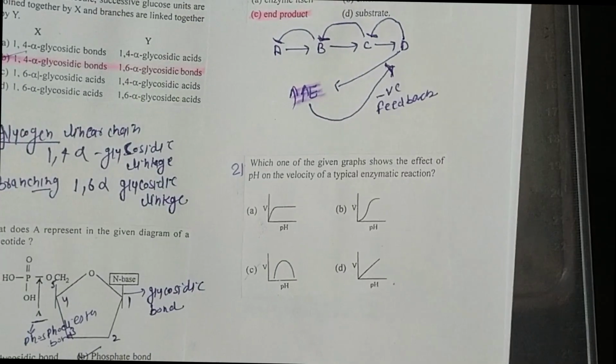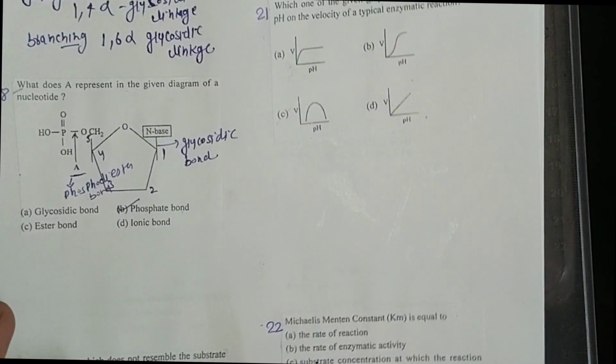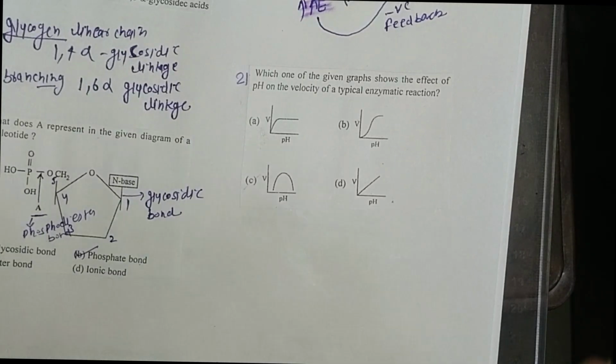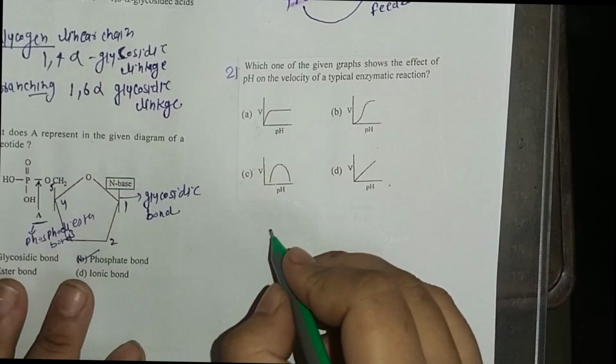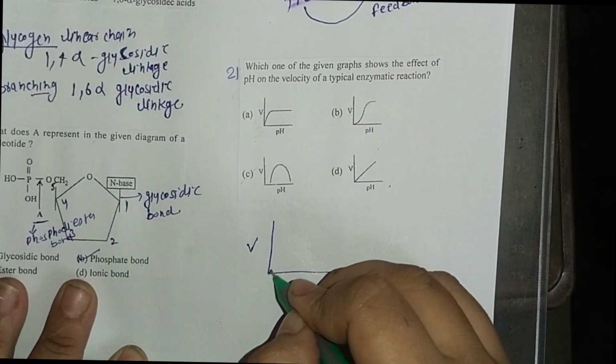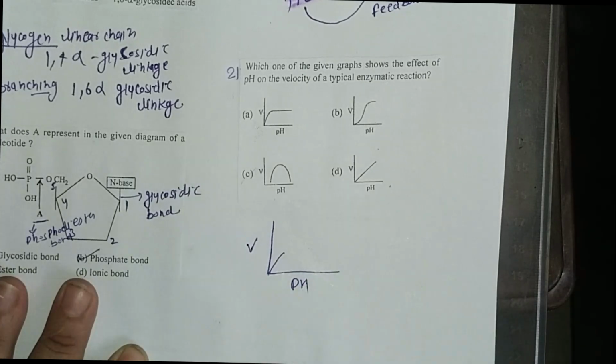So next question is the Michaelis-Menten equation. This is about, which one of the given graph shows the effect of pH on velocity on a typical enzymatic reaction? So the correct answer about this is C, because see, here is enzymatic activity and here is pH on x-axis.